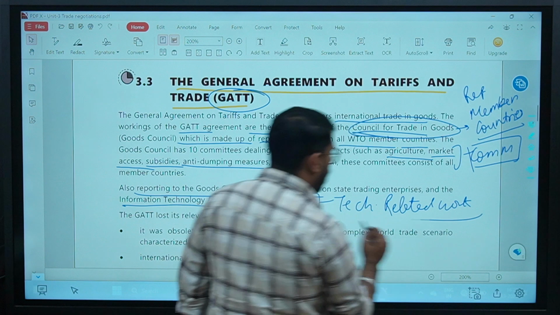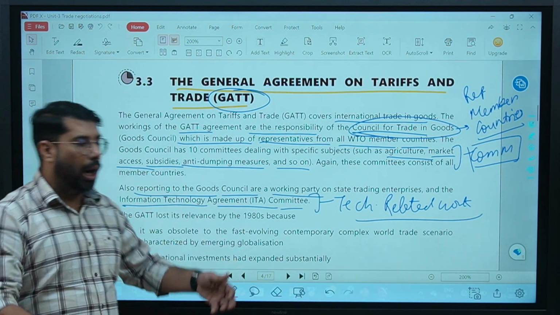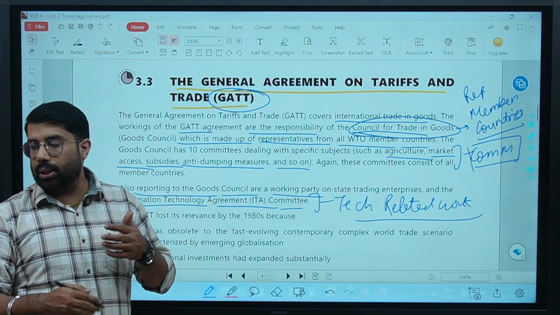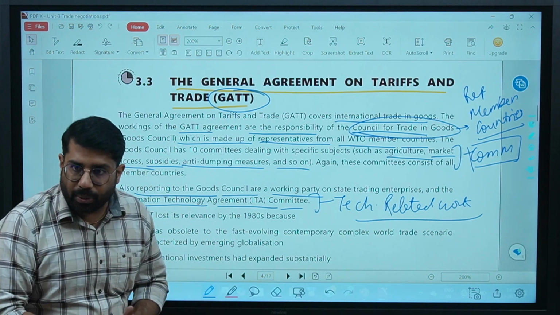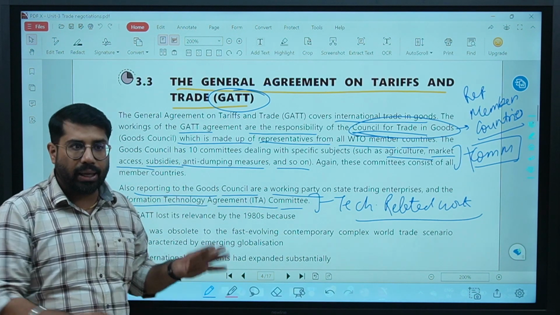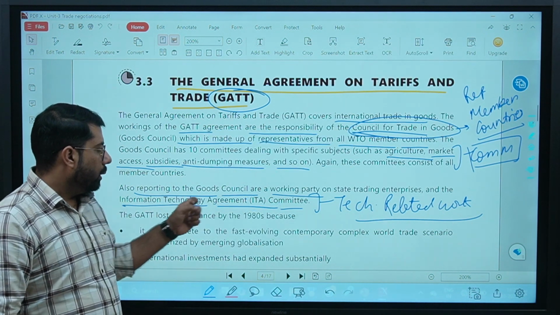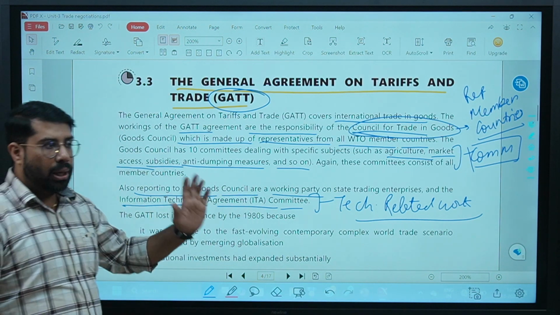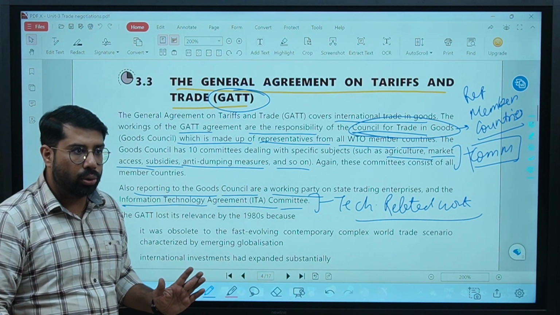It means how the countries will pass on information to each other, how countries will communicate with each other, how they will trade with each other technologically, any technique which is required, how they will make the payment, how they pass on the information, etc. For this purpose also an ITA was formed. What I'm trying to say is, for every subject a separate committee was there. Are we clear? Yes or no?